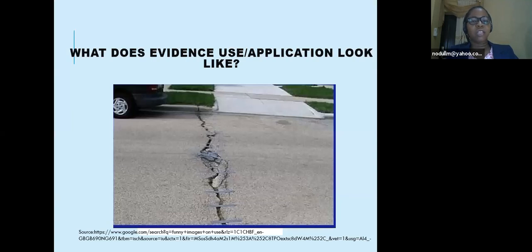I look at evidence use and application as that bond that holds the globe together, giving us maybe one crack option.